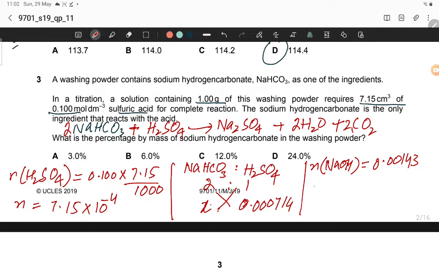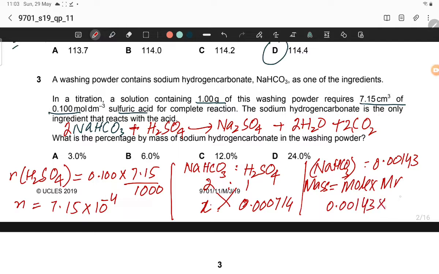Now the mass of sodium hydrogen carbonate. Mass is equal to mole into Mr, 0.00143 into Mr, which is 84. Now mass is equal to 0.120.